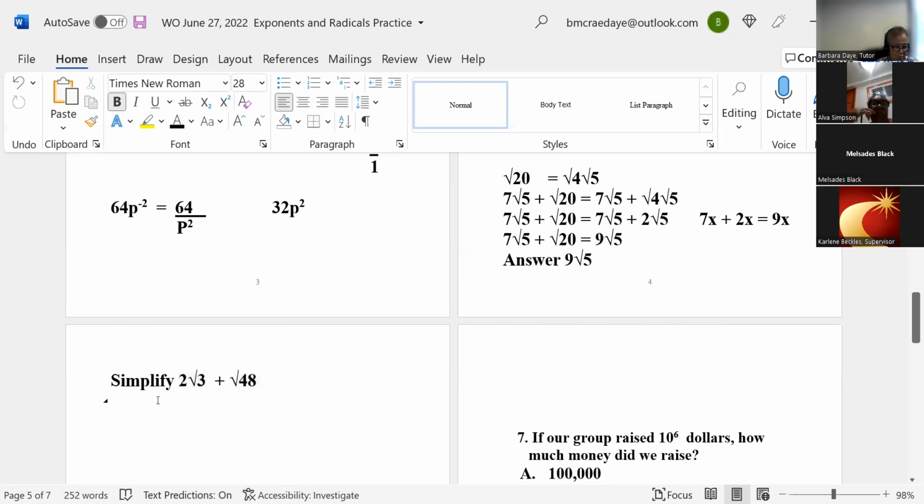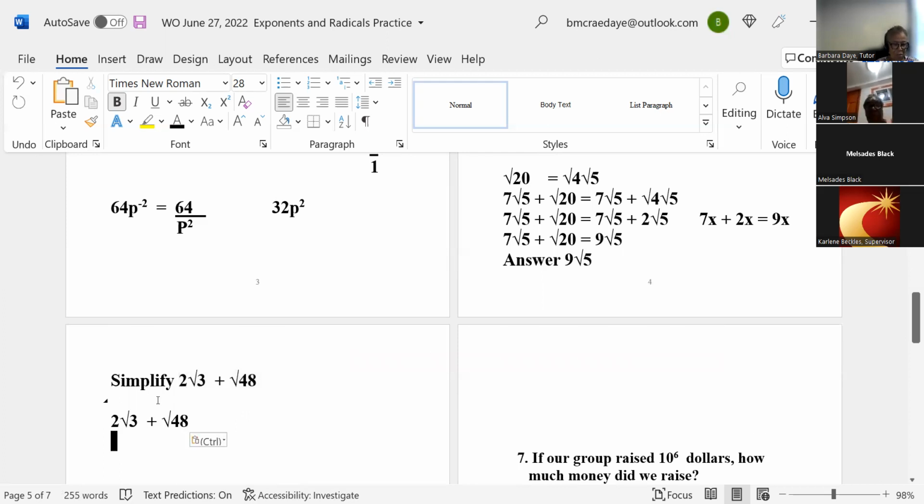It's on the other side, Alva. 2 times square root of 3 plus square root of 48. Mercedes, do you see it? Think of 48 factors. Mercedes, what are some factors of 48?